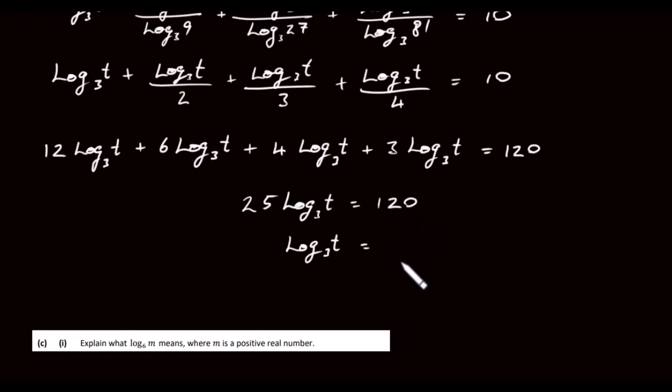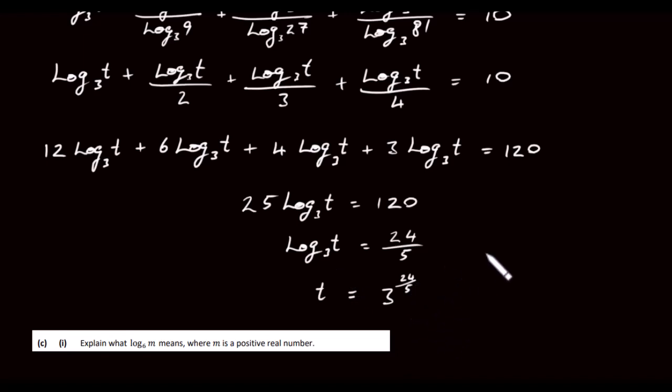I can divide top and bottom by 5, so that gives me 24 over 5. So finally, if I convert from log form into index form, 3 to the power of 24 over 5 should be my answer.